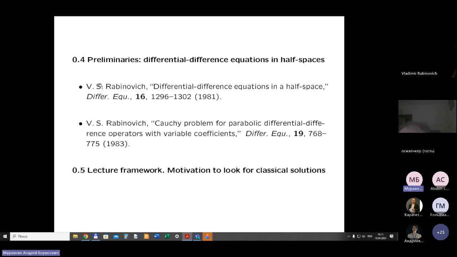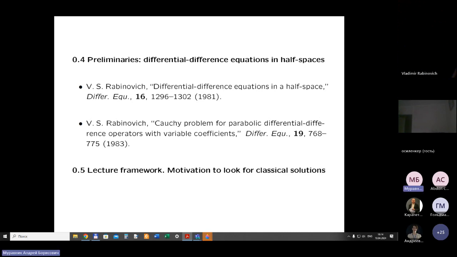He considered differential difference equations in half spaces more than 40 years ago, but his results are related to generalized solutions, to solutions from weighted Sobolev spaces.